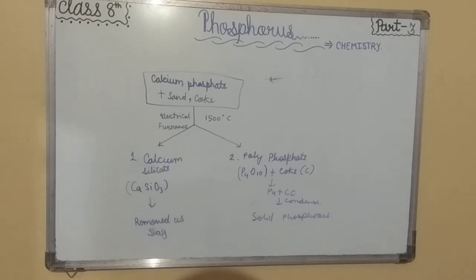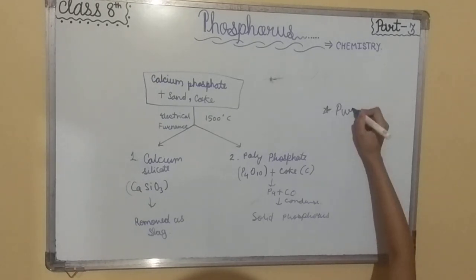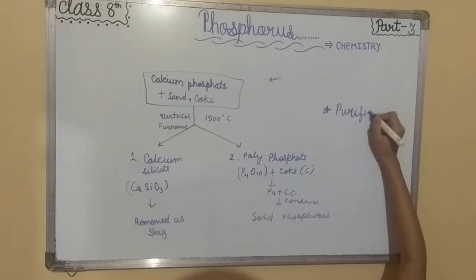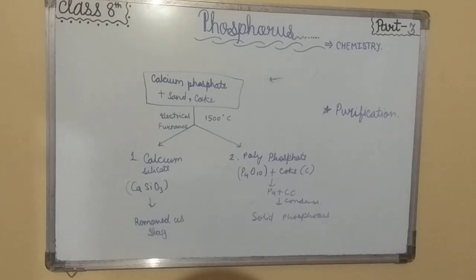The next topic after this flowchart is purification. Now, phosphorus obtained in the above two methods contains carbon and other impurities.